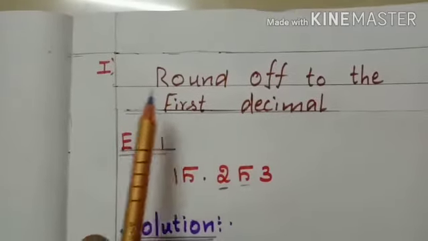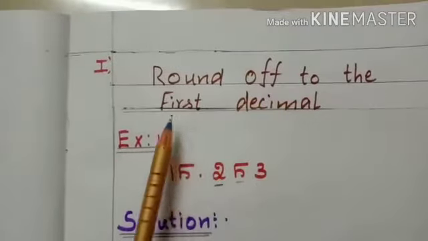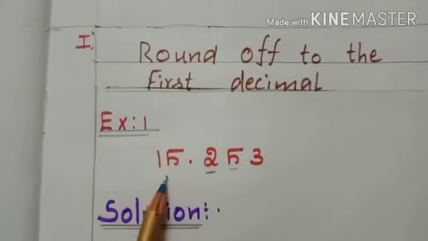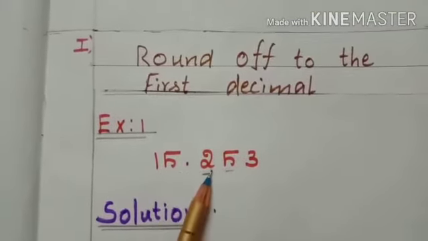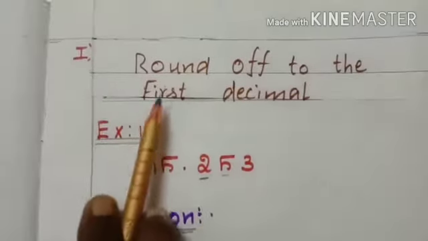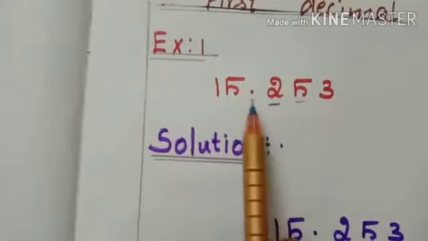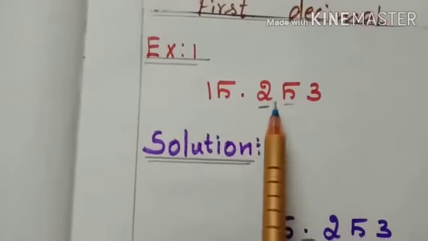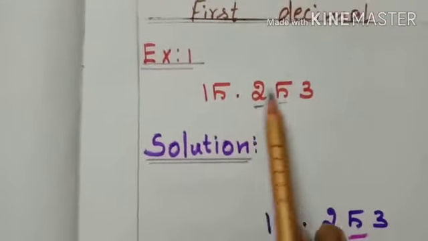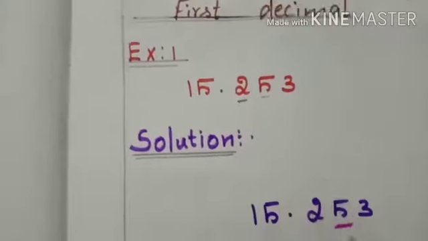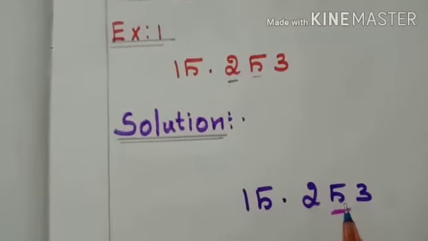Now let us learn round off decimal numbers. First example, round off to the first decimal. Here the number is 15.253. We have to round off to the first decimal. Here the first decimal is 2. We look at the 100th place.